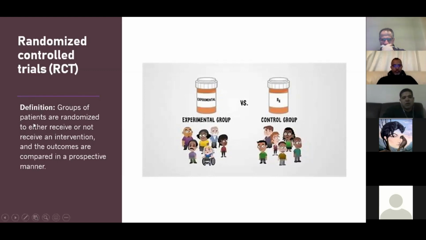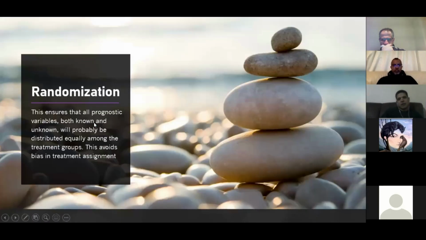And here the key word is randomized. So what is randomization? Randomization ensures that all prognostic variables, both known and unknown, will probably be distributed equally among the treatment groups, and this avoids bias in the treatment.